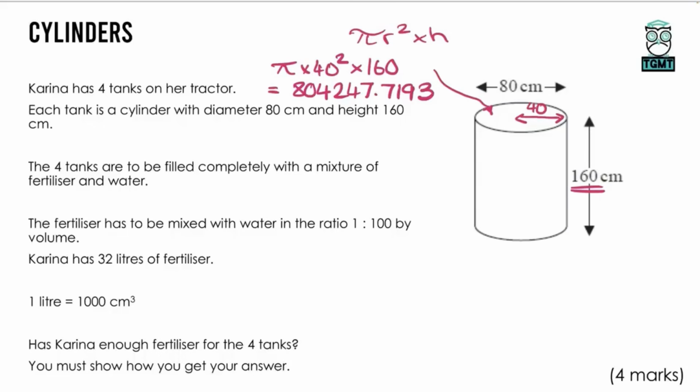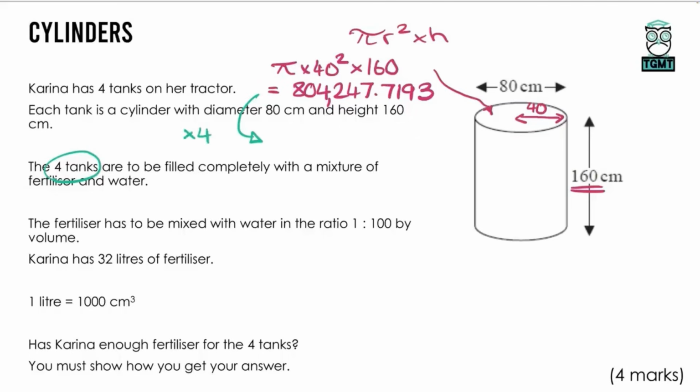And there we go, that is the volume of one tank, 804,247.7193 centimetres cubed. Now it says here that we are going to have 4 tanks. Well, she has 4 tanks, so we need to multiply this by 4.